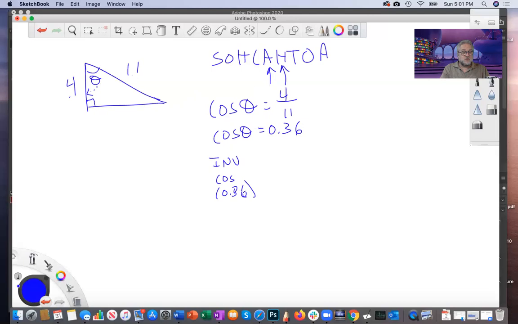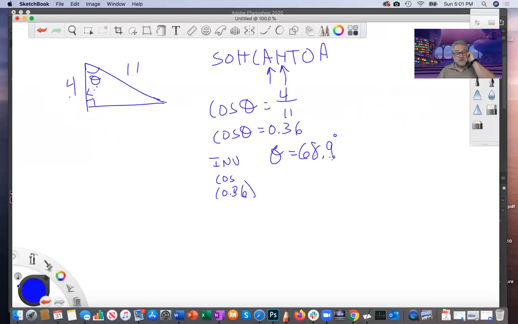Second cosine gives me the inverse cosine of 0.36. And I got theta equals 68.899, so 68.9 degrees. Okay, does that make sense?